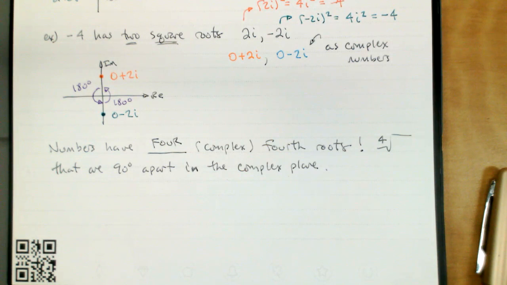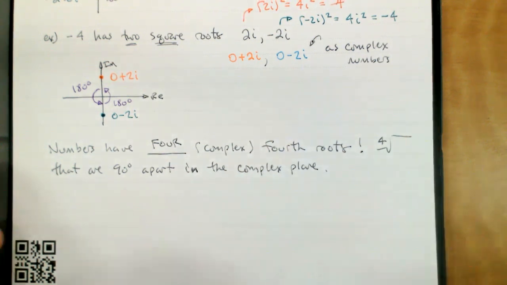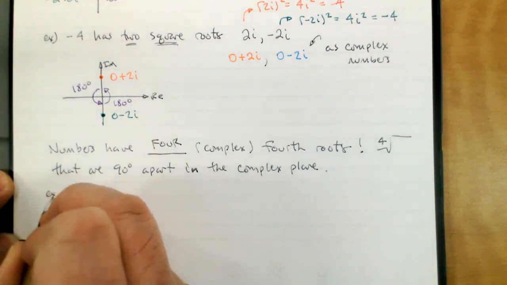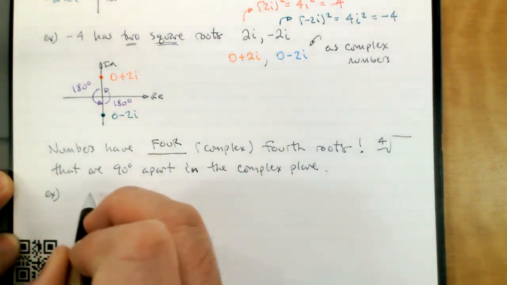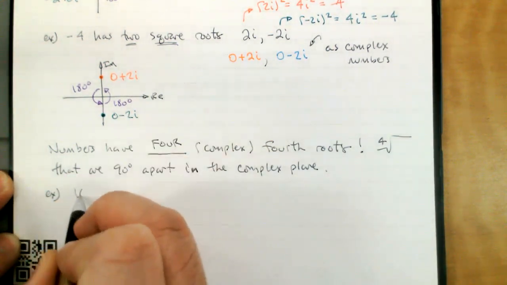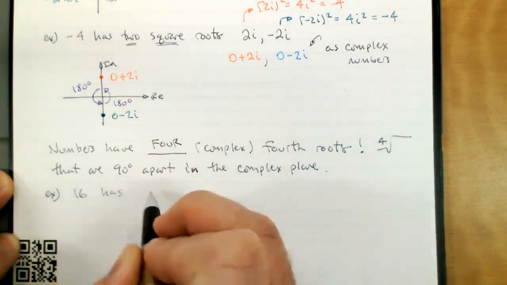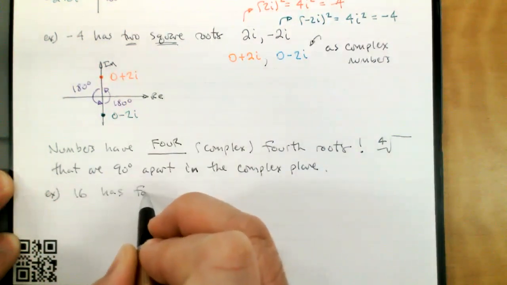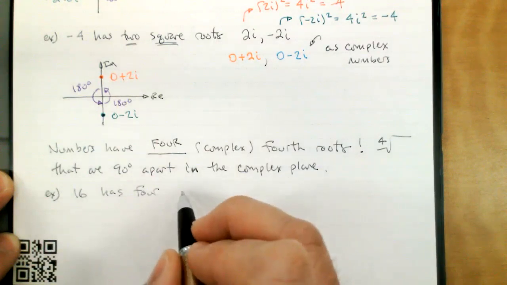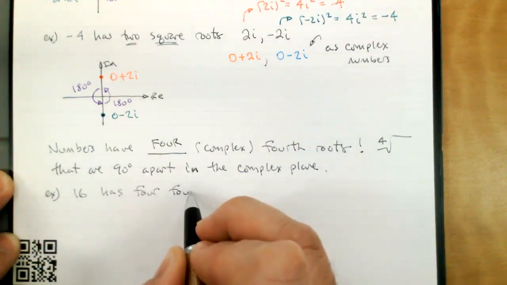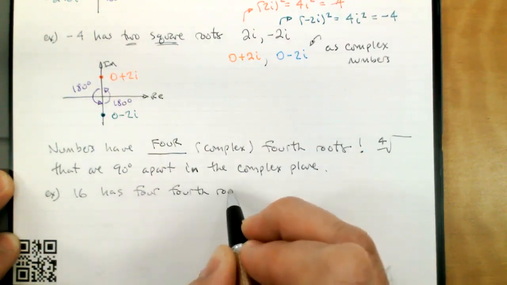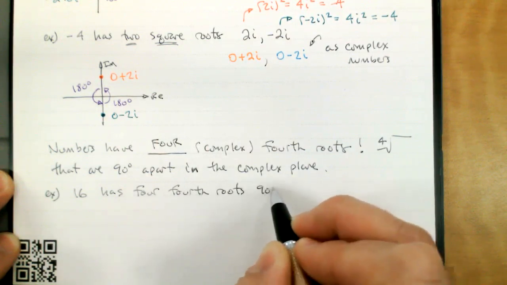If we allow complex numbers, there are 4 numbers we can raise to the 4th power and come up with any number. So for example, I'm going to go with 16 so I can keep using 2. 16 has 4 fourth roots, 90 degrees apart.